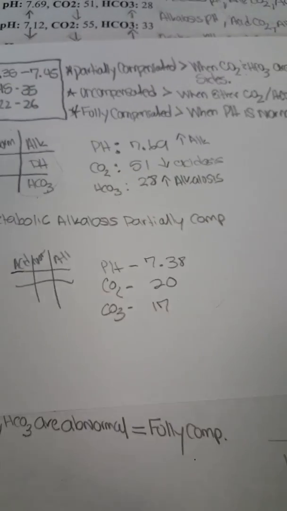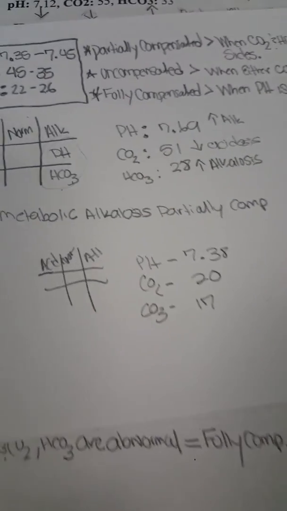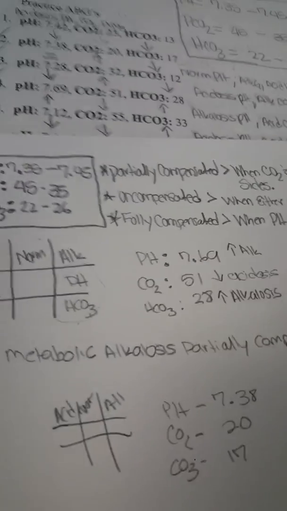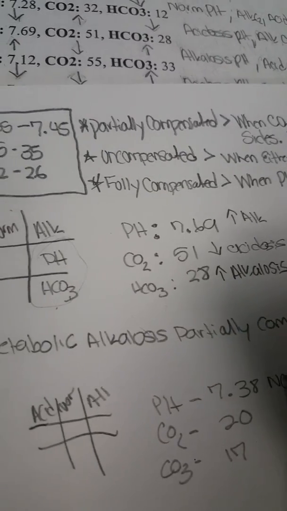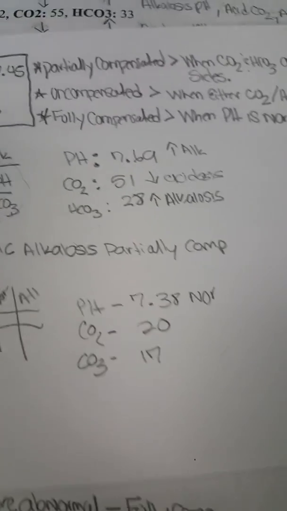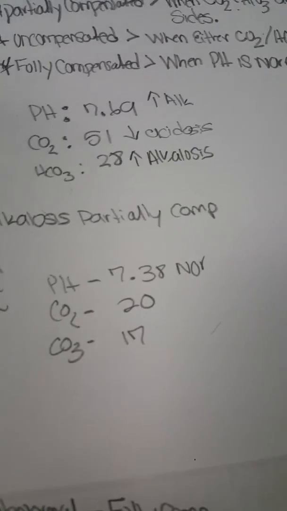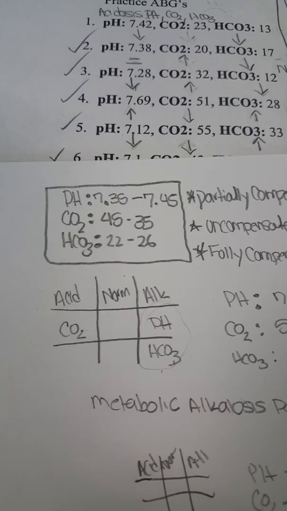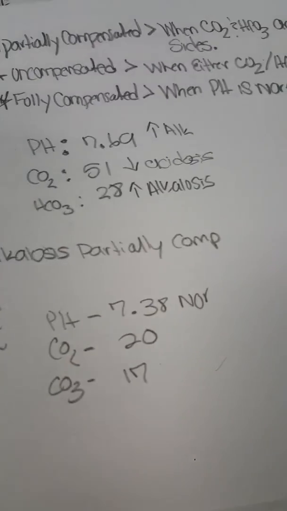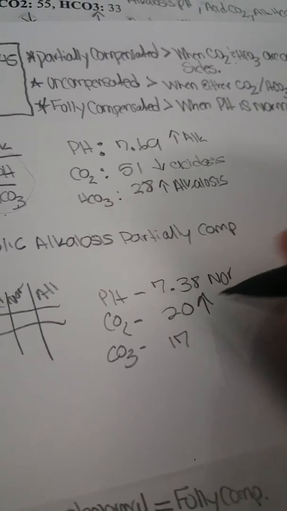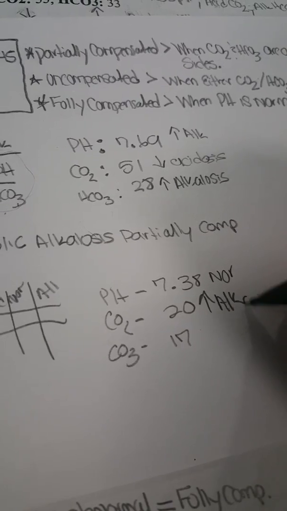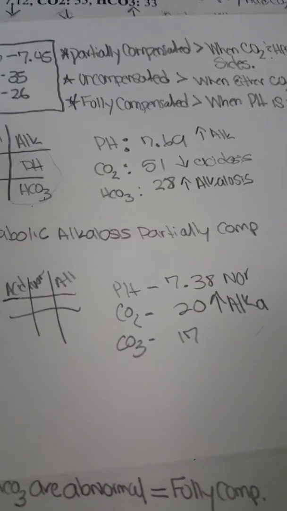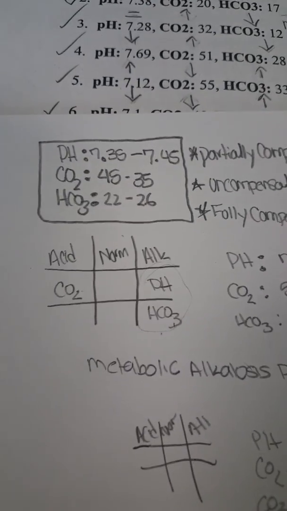Okay, so the pH is 7.38, which is within normal limits. We have the respiratory at 20, which makes it under, which would be alkalosis in this case. And then the metabolic at 17, which makes it acidosis.